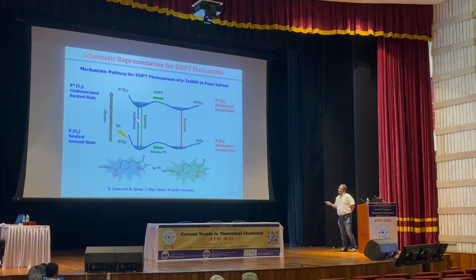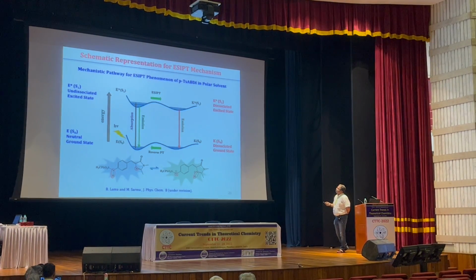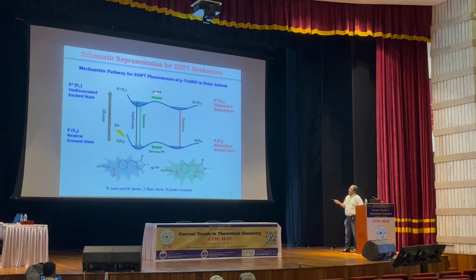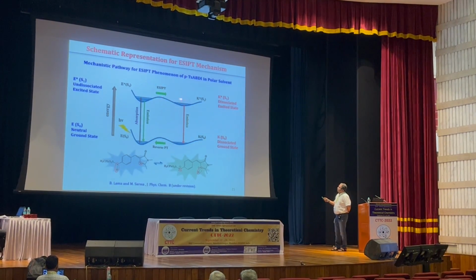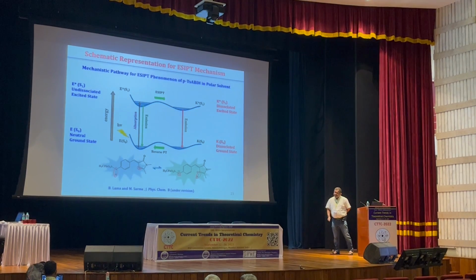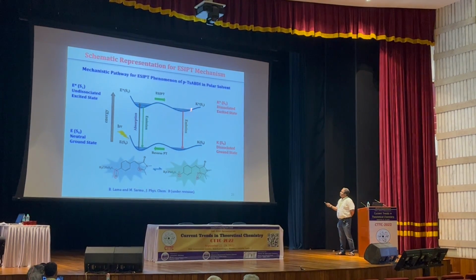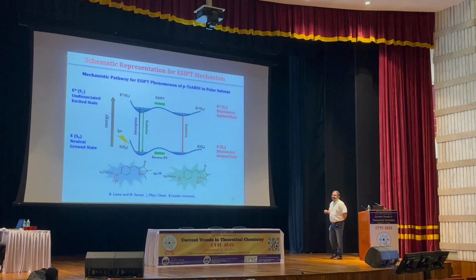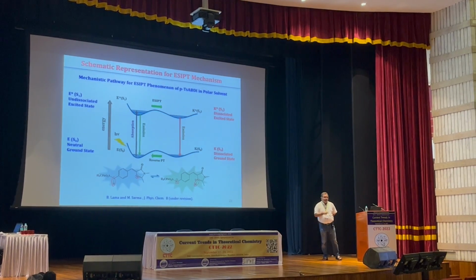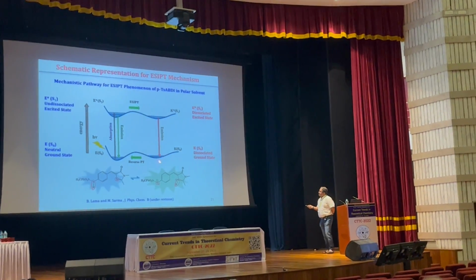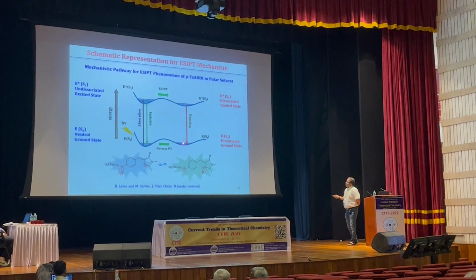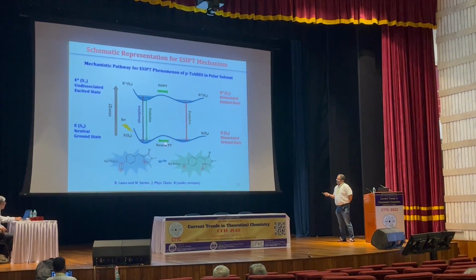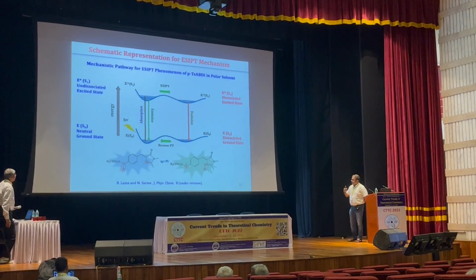Either it can emit and come down, or it can undergo excited state intermolecular proton transfer. If so, it becomes a dissociated excited state, and from there emission may happen again. It can be radiative or non-radiative, and finally it can come back to the dissociated ground state. And again, there is a possibility that a reverse proton transfer can happen.